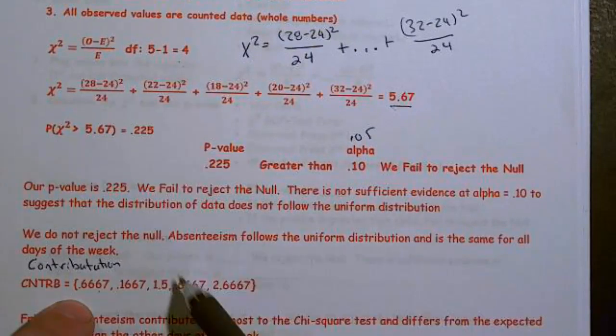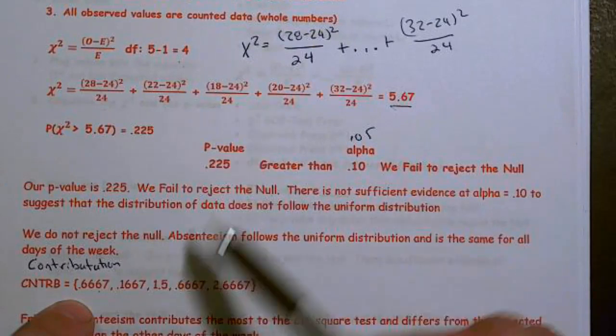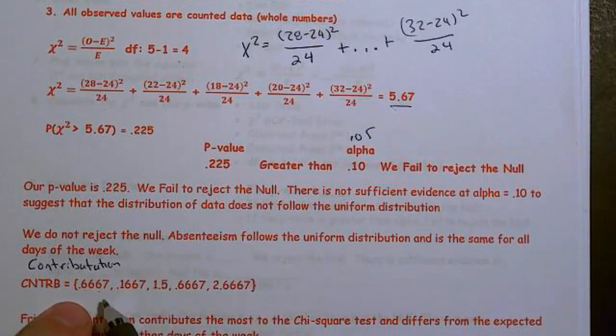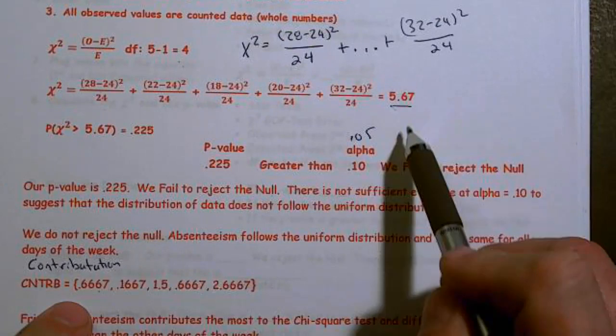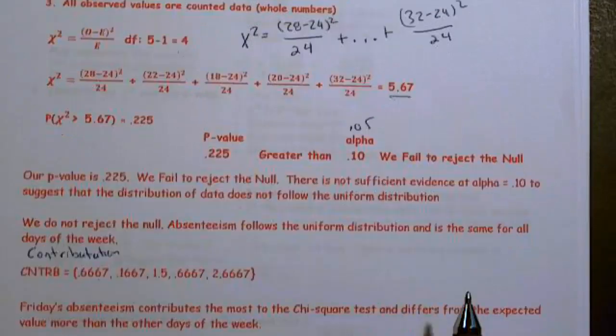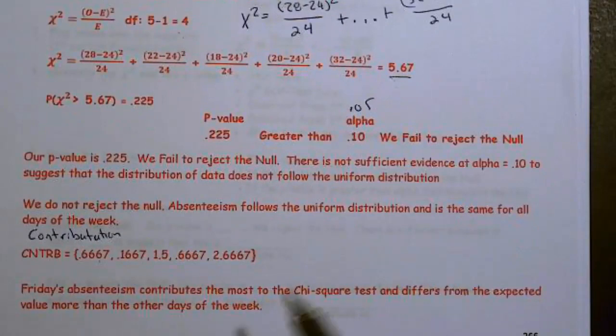This is the value of that. This will be 1.5, 0.667, and then 2.667. That means this has the largest contribution, all right? And if I sum these up, I get 5.67. So Friday's absentee data contributes the most.